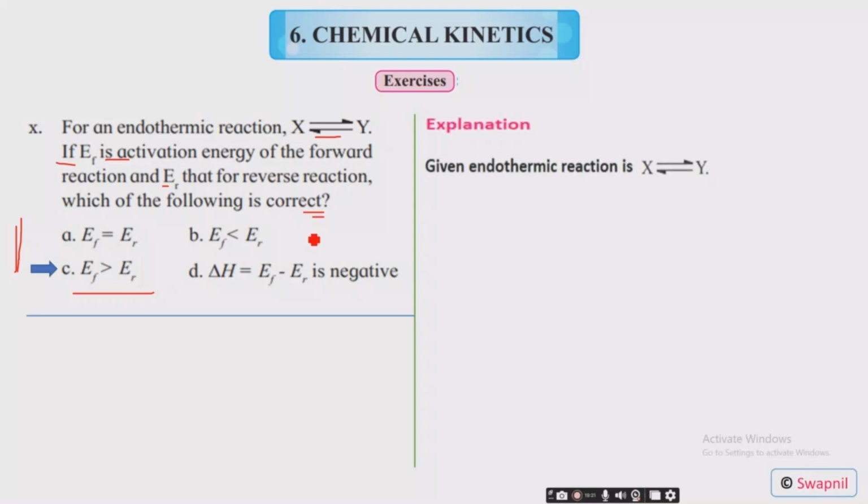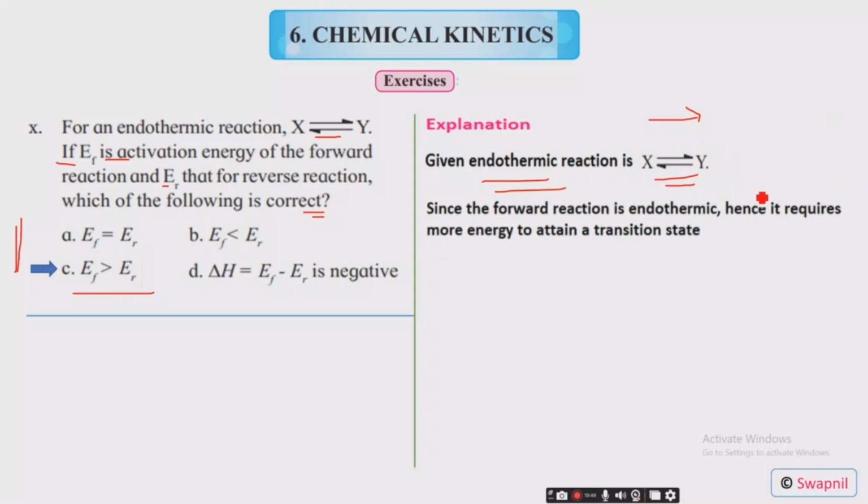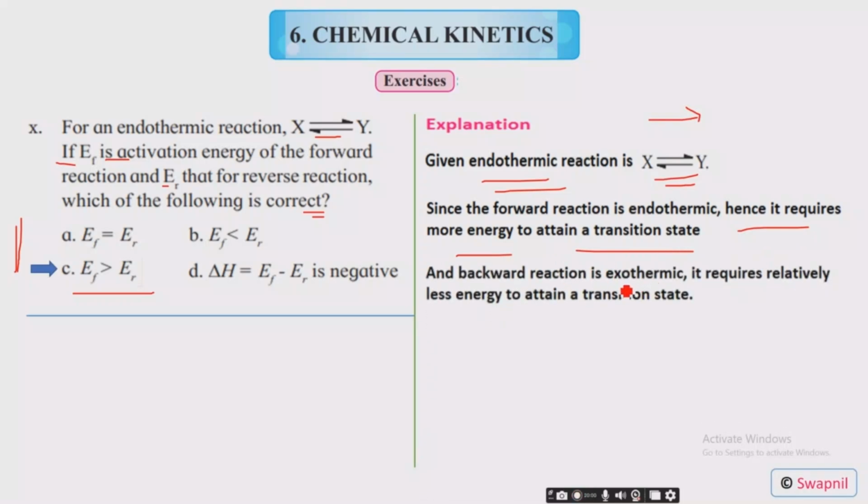So here is the explanation. The given reaction is in equilibrium and is endothermic in the forward direction. Since the forward direction is endothermic, it requires more energy to attain a transition state, and the backward reaction is exothermic.